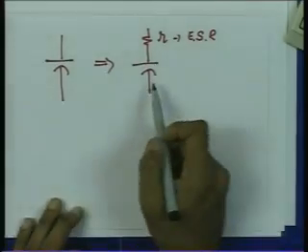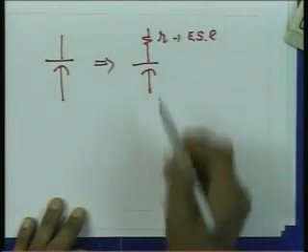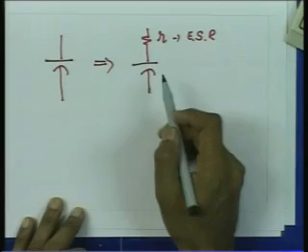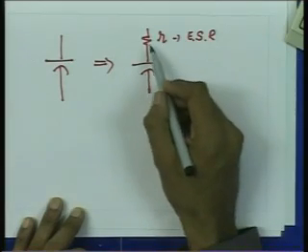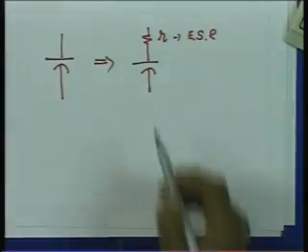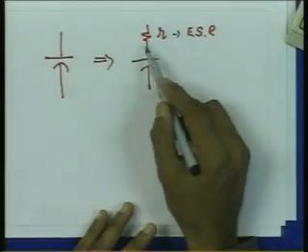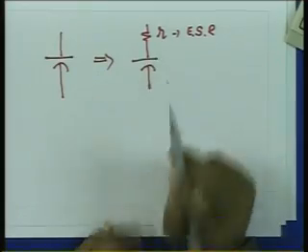So how do I represent a non-ideal capacitor? A non-ideal capacitor can be represented by an ideal capacitor in series with a small resistance, what is known as effective series resistance. R is very small. Another way is to connect a very high resistance across the capacitor.